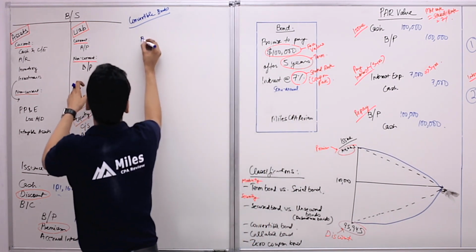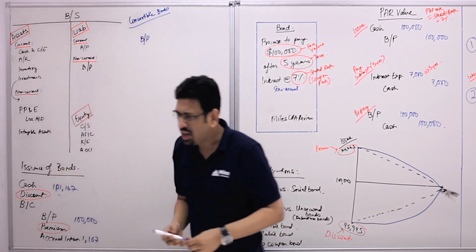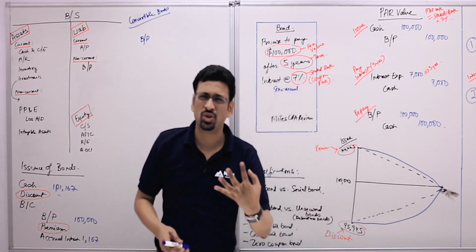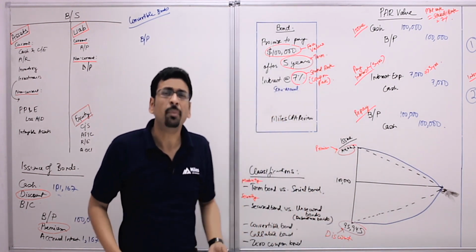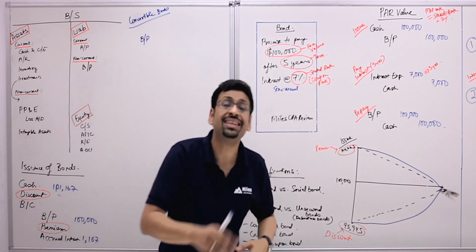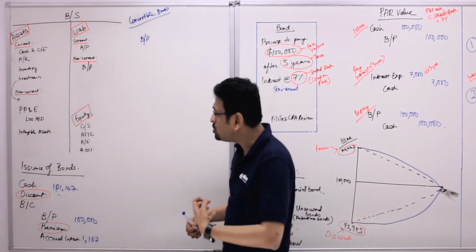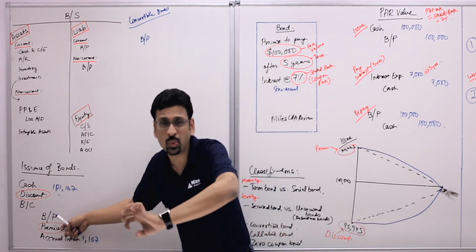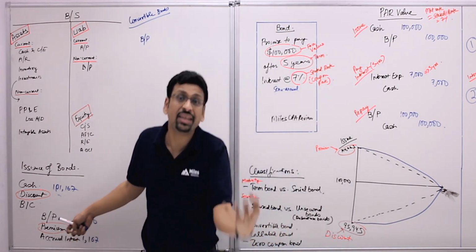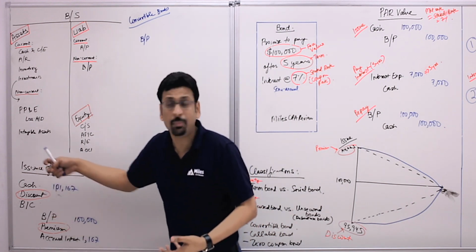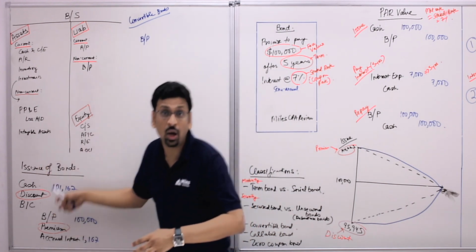Now it is getting debited. Now generally when you're issuing convertible bonds, you would want to charge a premium to the bondholders because those guys, they have an extra option here. So generally for convertible bonds, you would have premium on issuance, and when the bonds actually get converted, you need to debit the premium. Guys, bonds payable was credit, now you need to debit it.